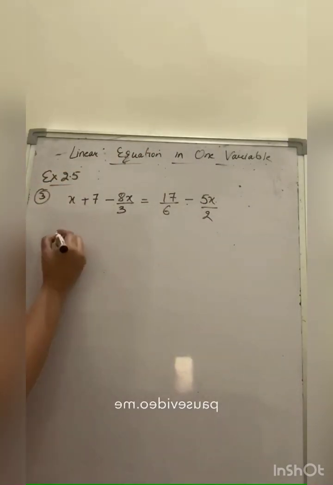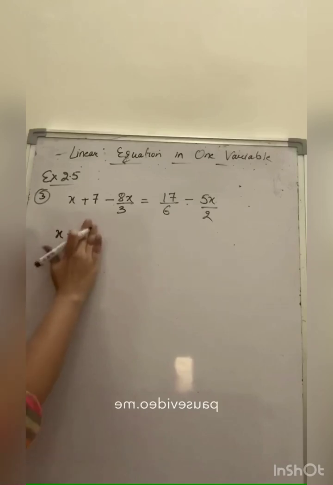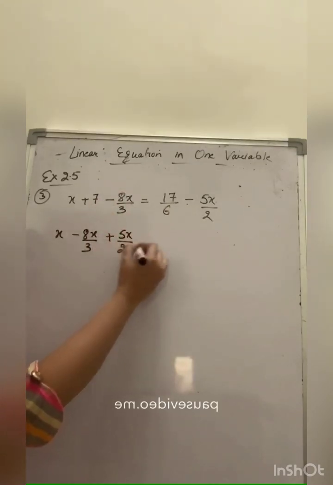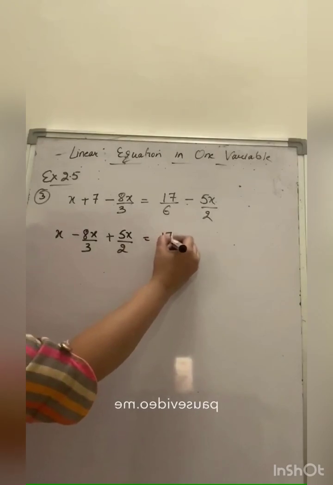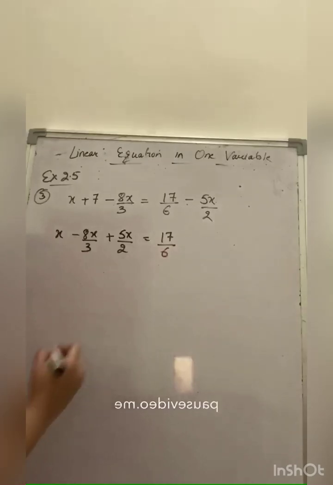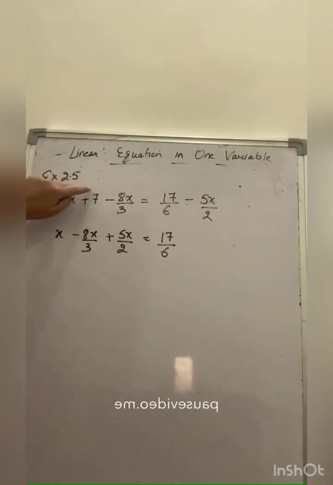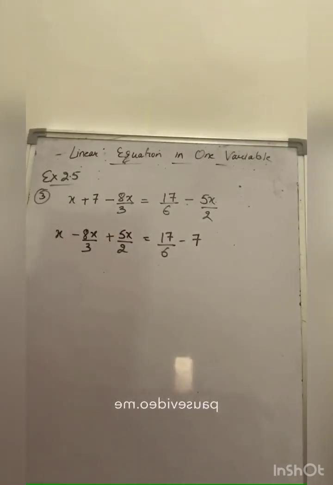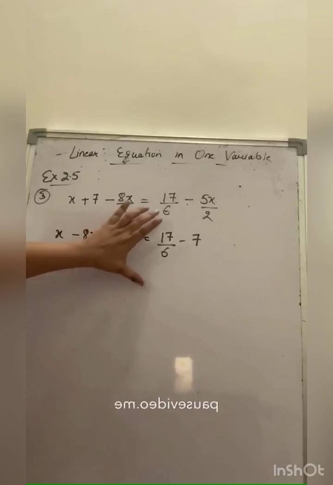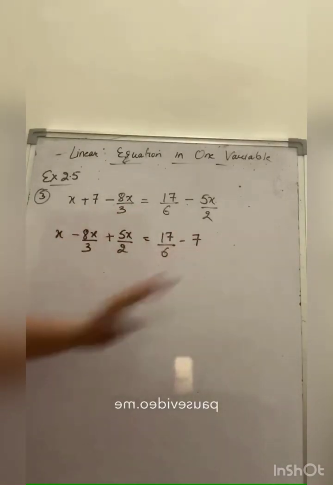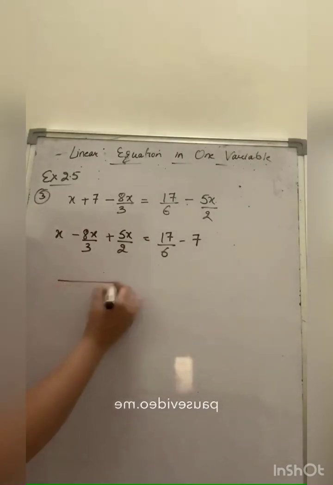So we will write x minus 8x by 3 plus 5x by 2 is equal to 17 by 6. This plus 7, when it goes to the right hand side, it will become minus 7, right? So what we have done, we have brought the terms containing x on one side and without x on the other side, right? Now we will take the LCM.